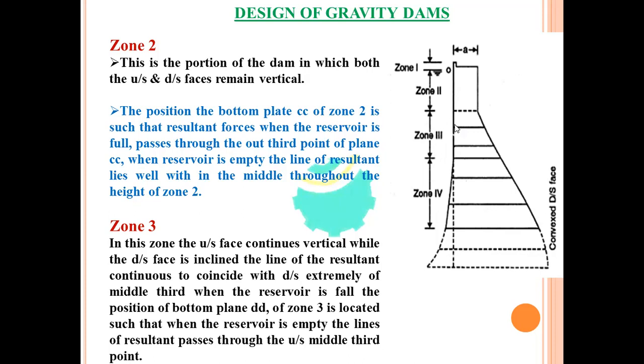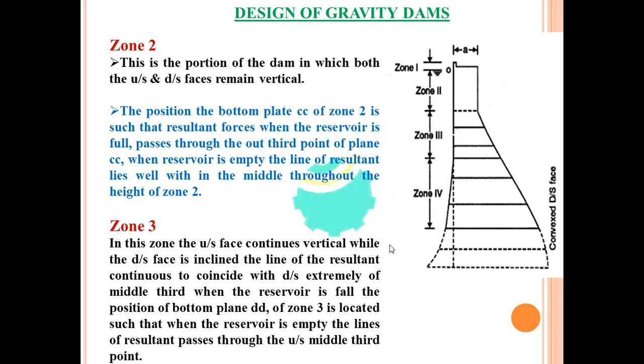In zone 3, upstream is vertical and downstream is slanting. The ending part of zone 3 will also follow the middle third rule. That means in the reservoir full condition, one-third distance from the heel, and in the reservoir empty condition, one-third distance from the toe. Compulsorily, it should follow the resultant forces.